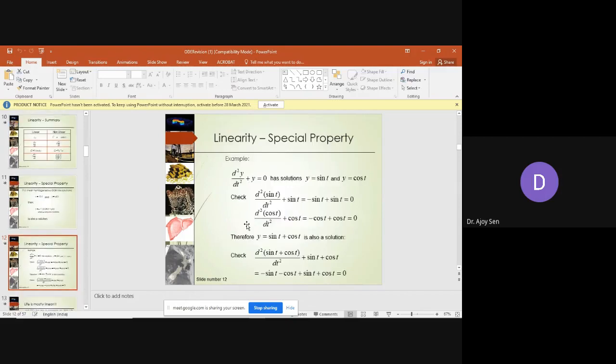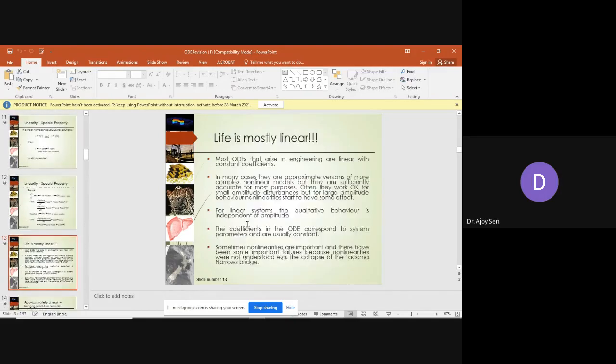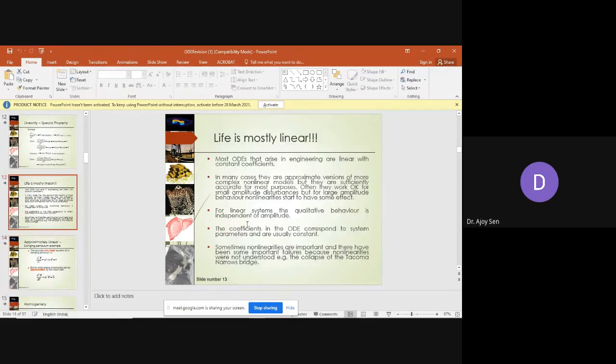Life is mostly linear, and wherever some non-linearity arises, we linearize it, or we make some assumptions for our purposes, and we try to solve the differential equation.